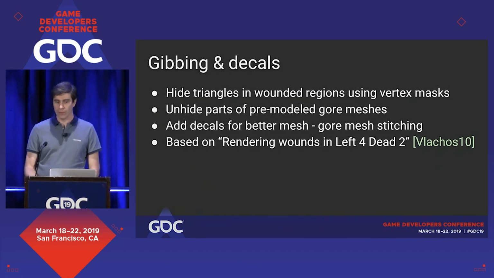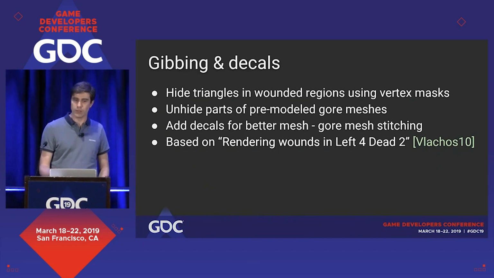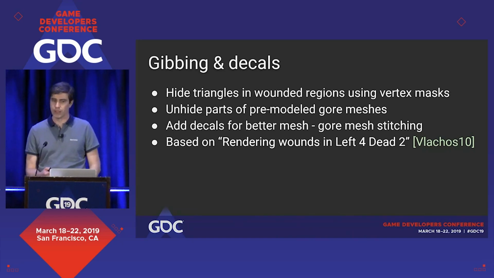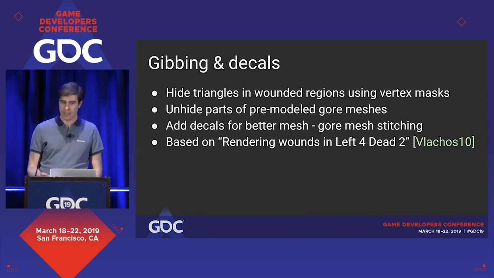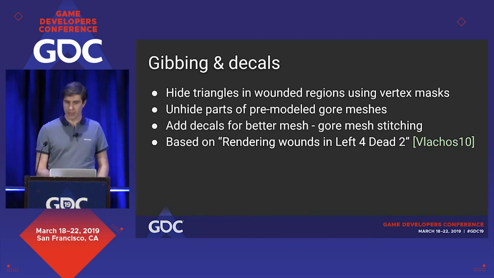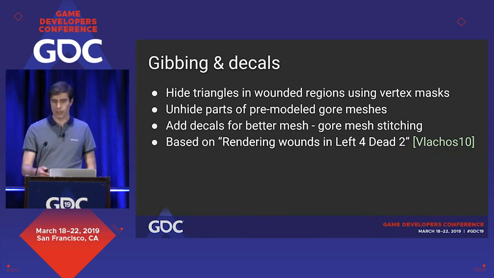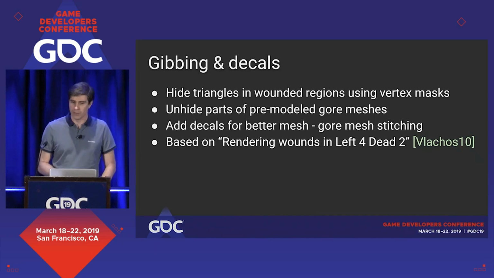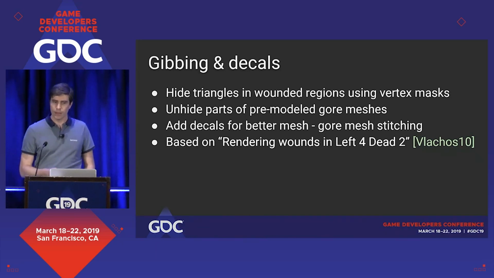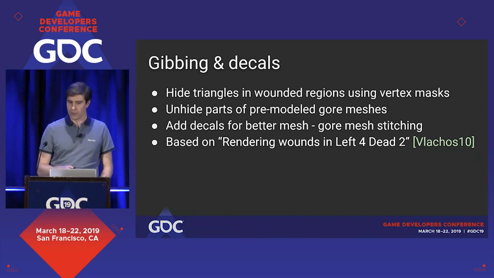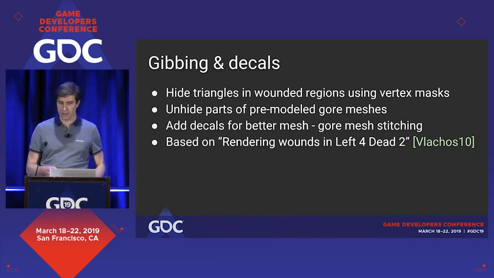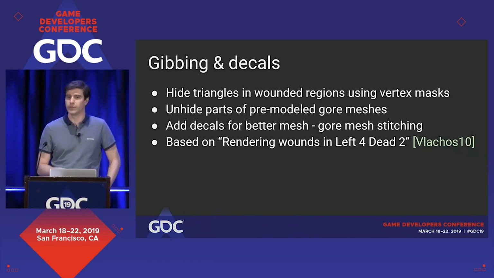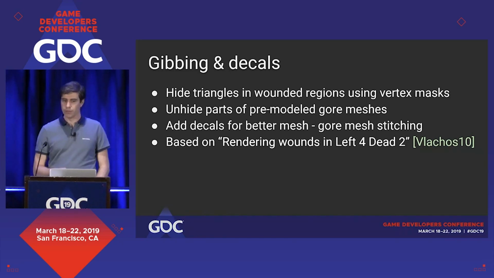Whenever we wound somebody, the wounded region gets hidden. And then a pre-modeled gore mesh gets placed in place of the hole. And then we put runtime decals to hide the stitching between pre-modeled meshes and the original mesh.